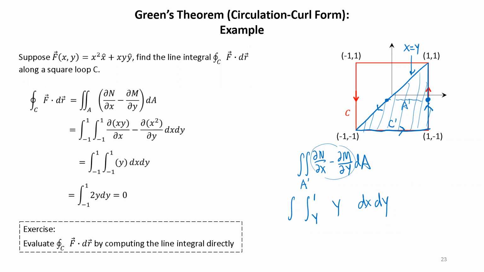Now, what about the outer integral? The outer integral still goes from this minus 1 up to here, so it's still minus 1 to 1. Then if you calculate that, you get this number.